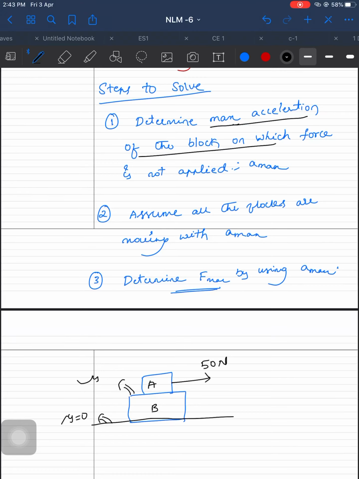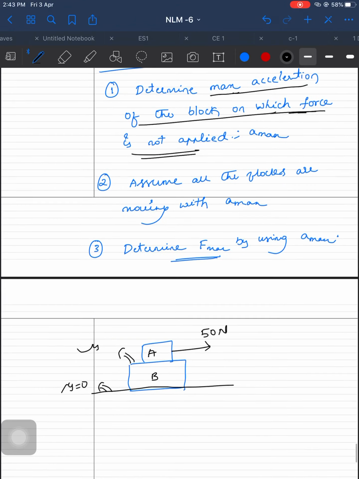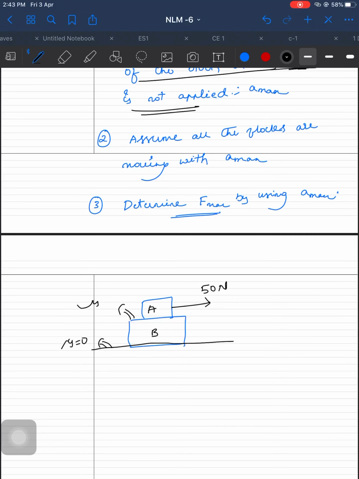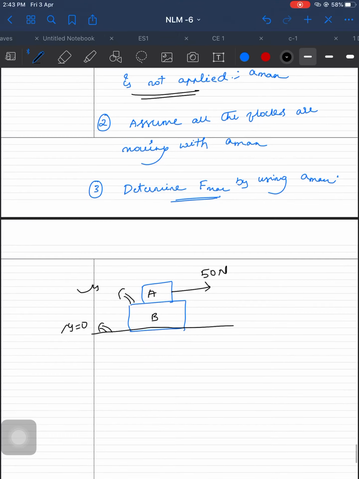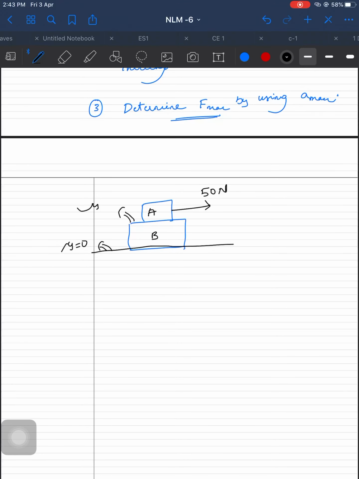Determine the maximum acceleration of the block on which force is not applied. Now in the block on block case, either the force is applied on the upper block or the lower block. Sometimes it is applied on both the blocks, but as of now we have one block. Now on which block is the force not applied, A or B? B. Now I am drawing the B free body diagram.